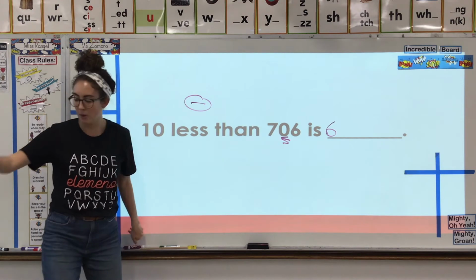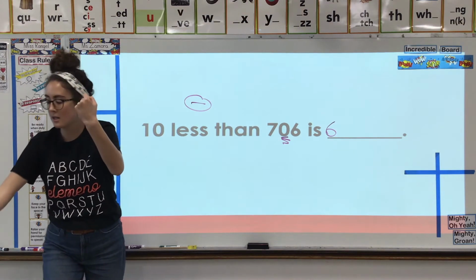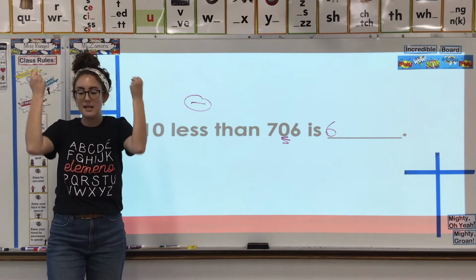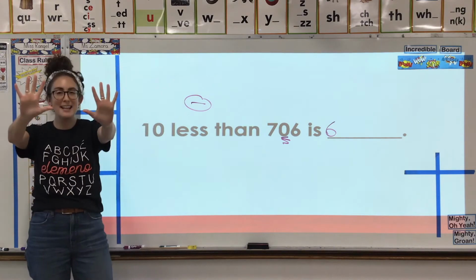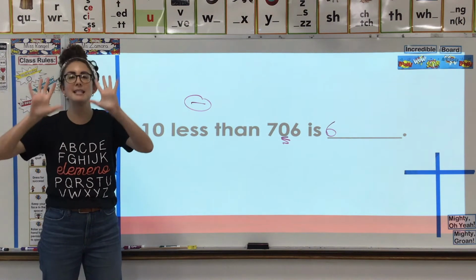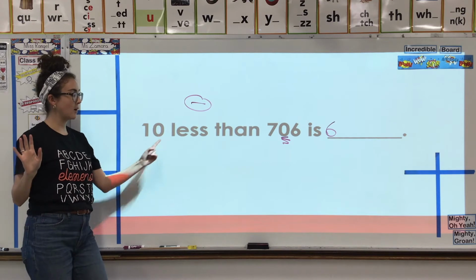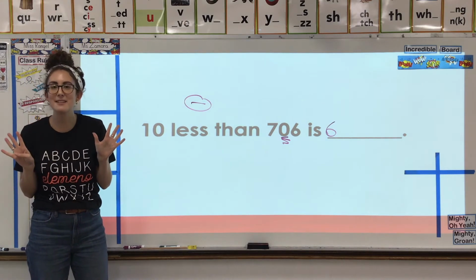Okay, so we have this 100. If we're going to break it apart, how many 10s will we get? How many 10s will we end up with? 10 10s, of course. We're going to have 10 10s. So now that we have our group, can we take away one of them? How many 10s do we have left now?